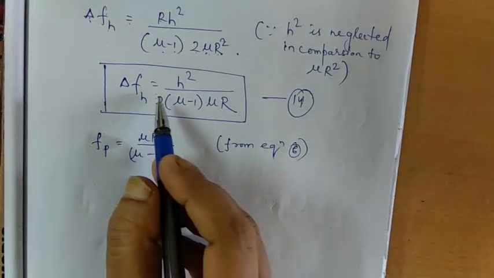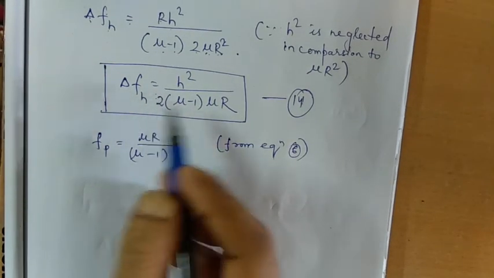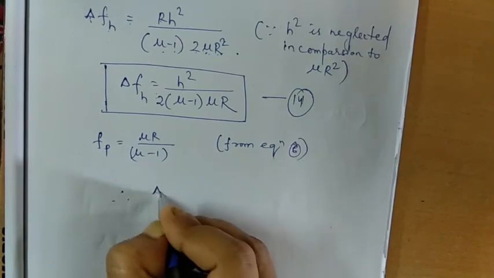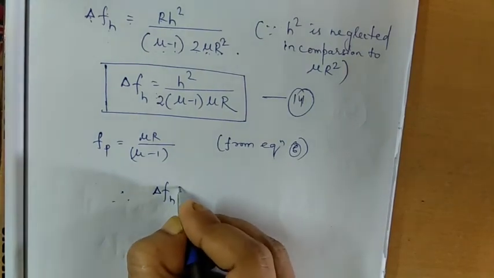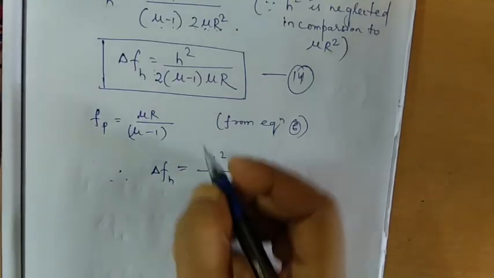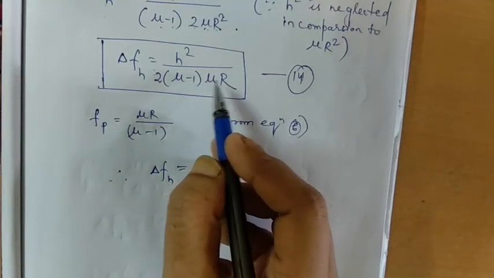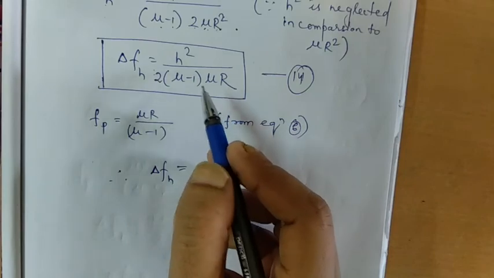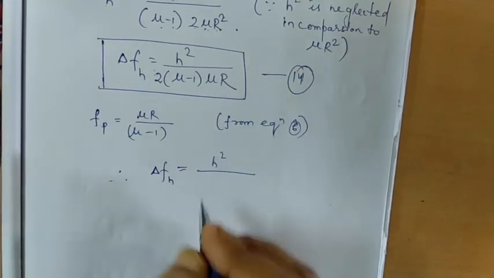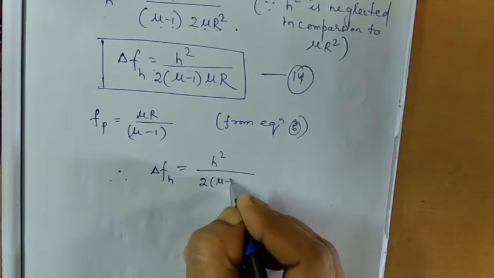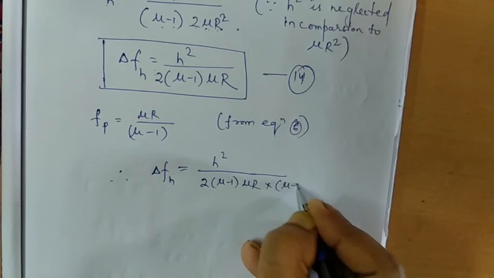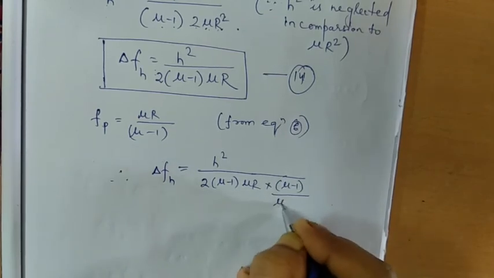So this equation can be written in terms of f_p also. Therefore, del f_h is equal to h square divided by, I am just multiplying the mu minus 1 term and dividing the mu minus 1 term in the denominator. So 2 into (mu minus 1) into mu r, again with (mu minus 1) multiplied and divided.